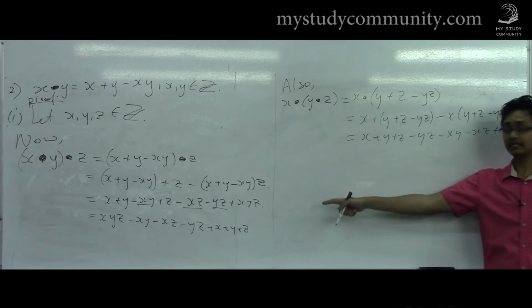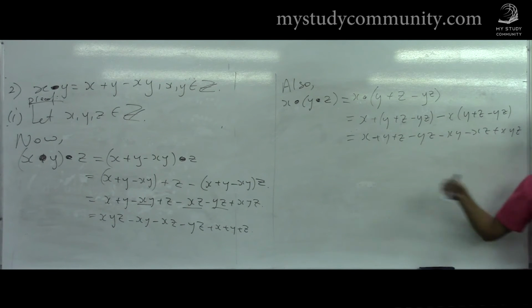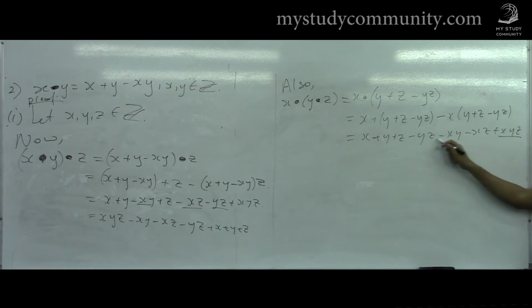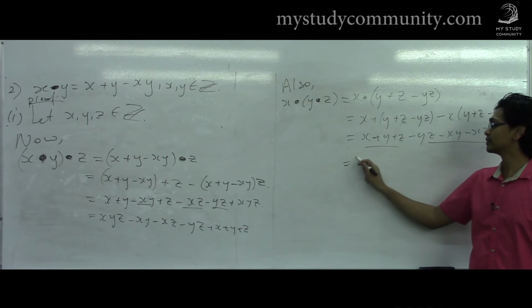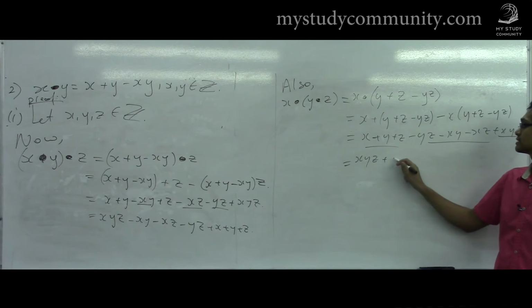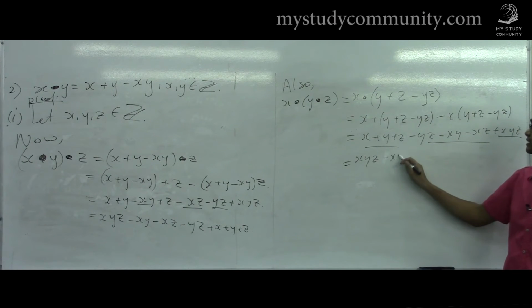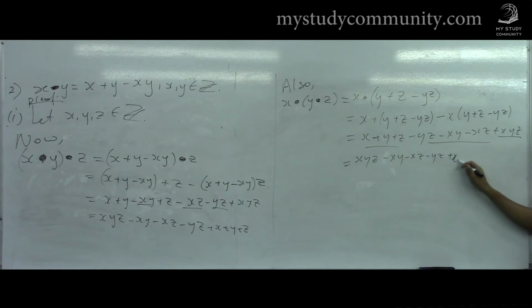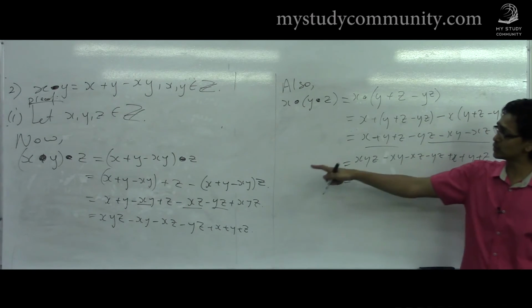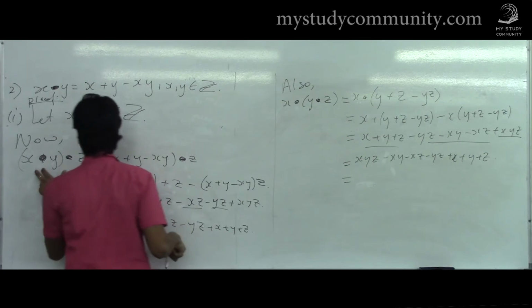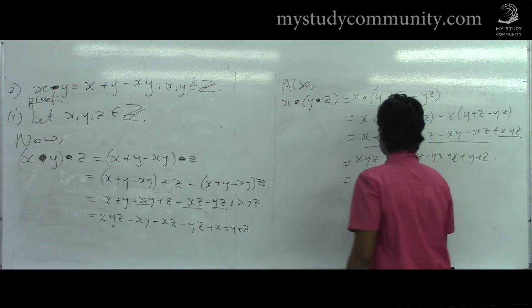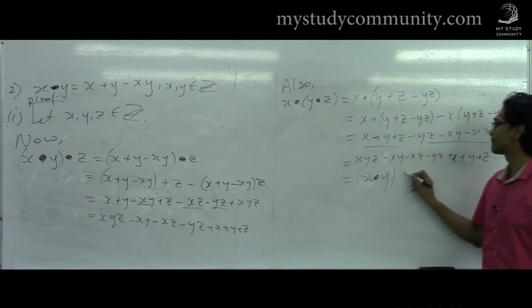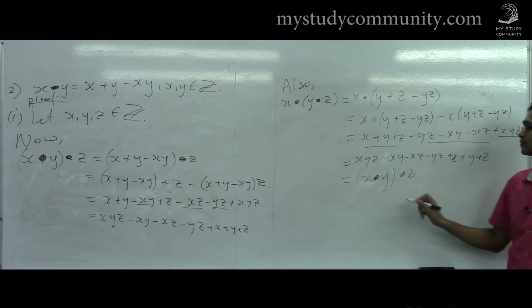And this is exactly the same thing. You just group it in the same way. We start with the 3's, then the 2's, and then the 1's. So this is xyz minus xy minus xz minus yz plus x plus y plus z, and this line is equal to this, which is this. So this equals x circle y circle z.